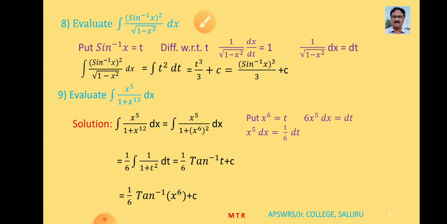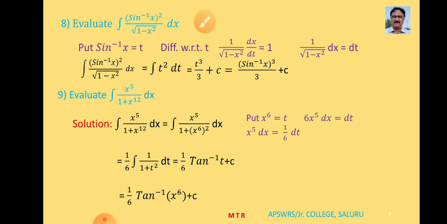One is the derivative of the other. Yes, here sin inverse x is one function, 1 by root of 1 minus x square is another function. So what is the relation between these two? Yes, the derivative of sin inverse x is 1 by root of 1 minus x square.